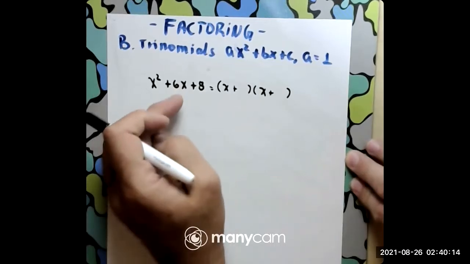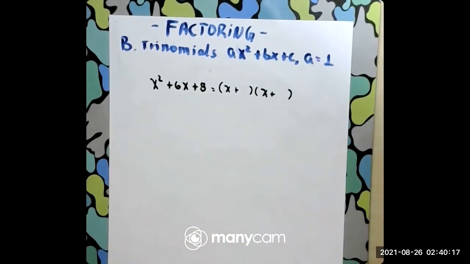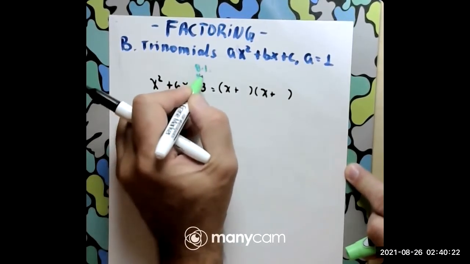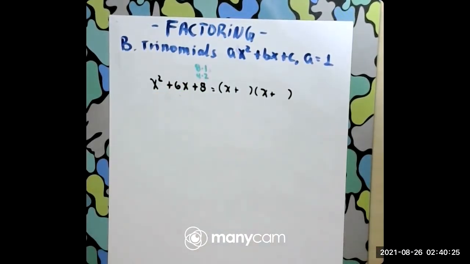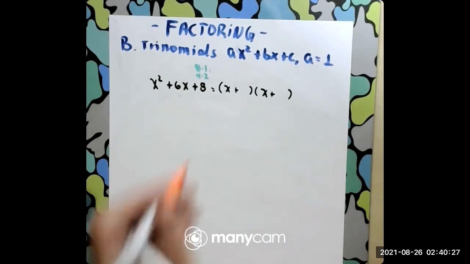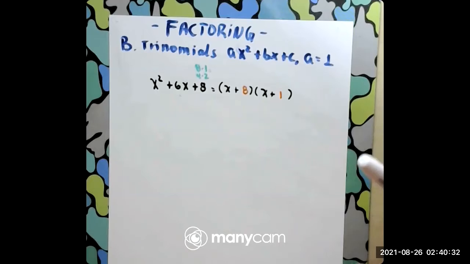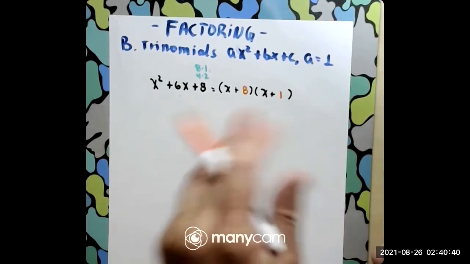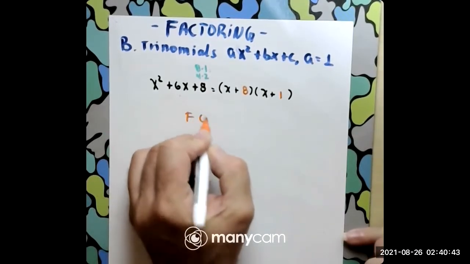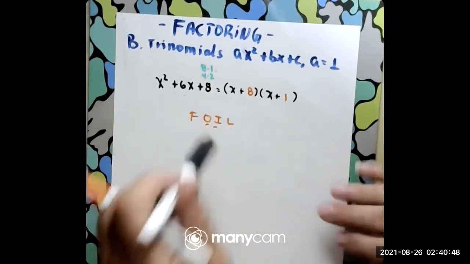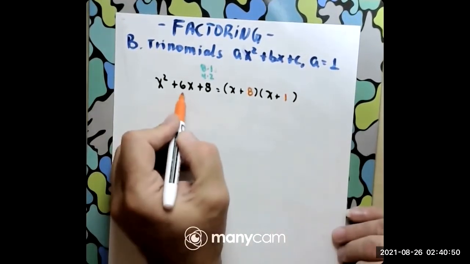As I did in class, I'm going to do it wrong on purpose. Factors of 8, 8 times 1, 4 times 2. Okay, so on purpose, I'm going to plug in 8 and 1. Let's see what happens. And now we attempt to FOIL, to distribute, so that the O and the I, the outer and the inner, in the FOIL procedure, remember first, outer, inner, last, when we add them, will give me the middle one.